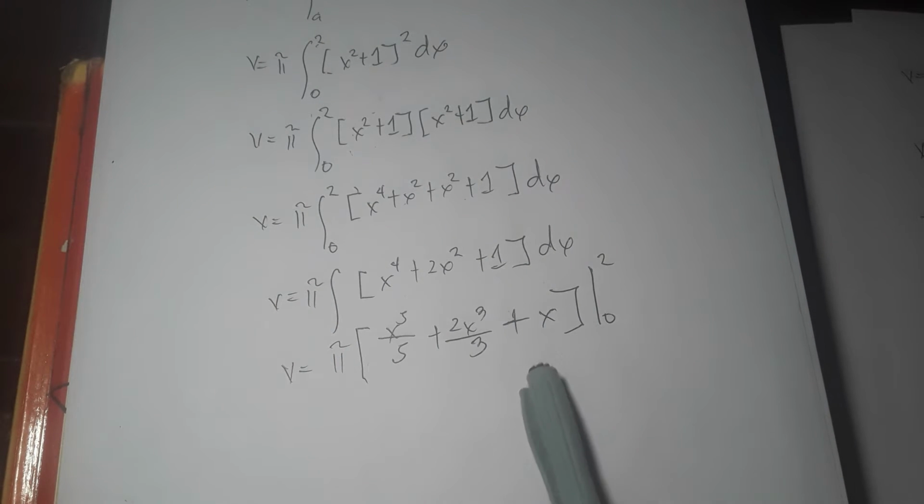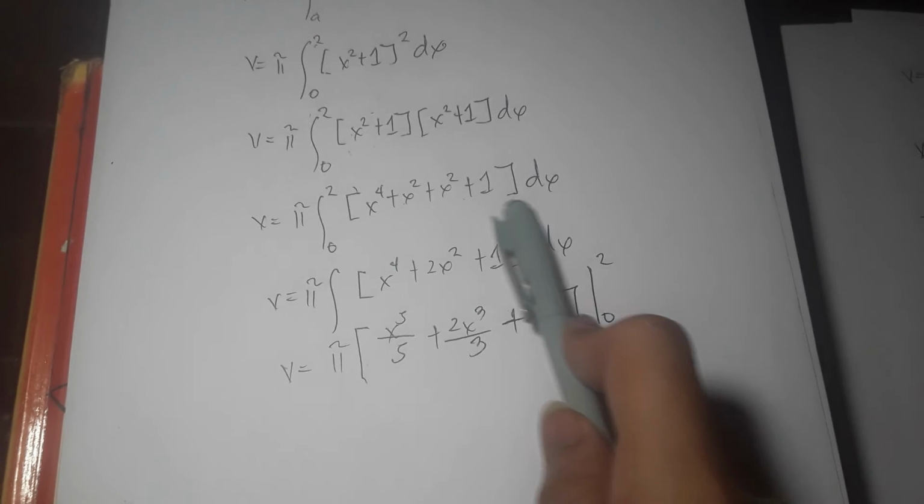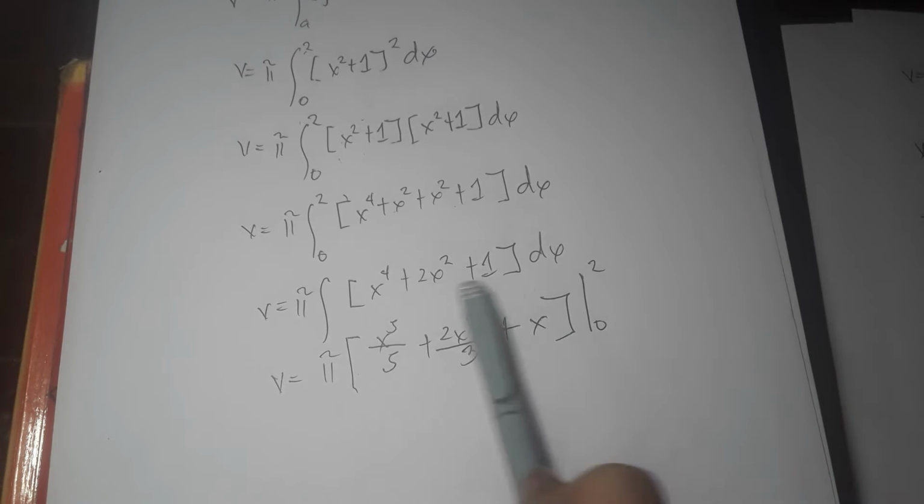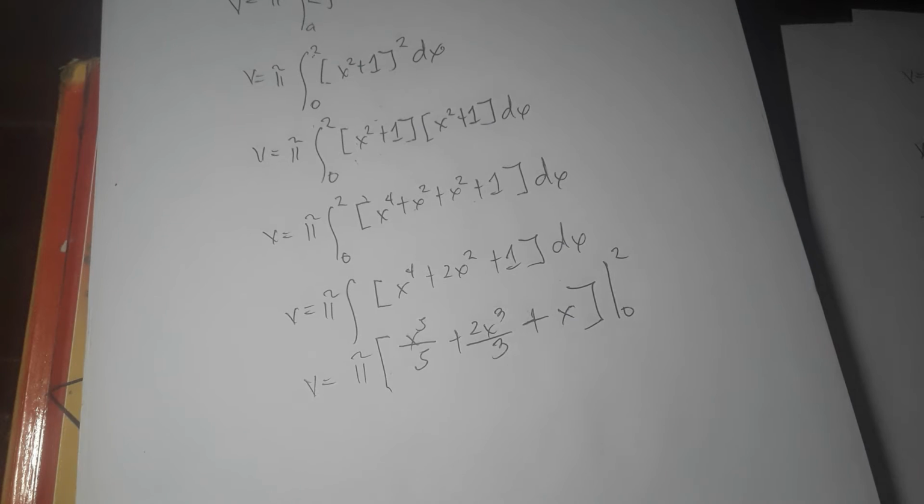This would be the integral of the function in our integrand. So for now, let's evaluate the limits of integration, which are 0 and 2, for this function. For evaluating 0 and 2 for this function, let's use the principle of definite integral.